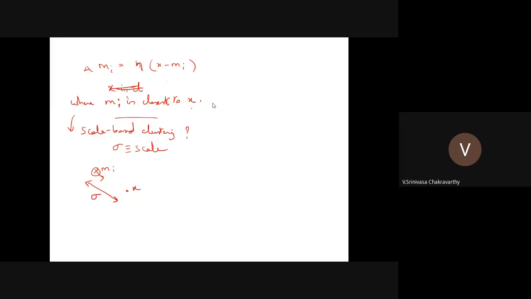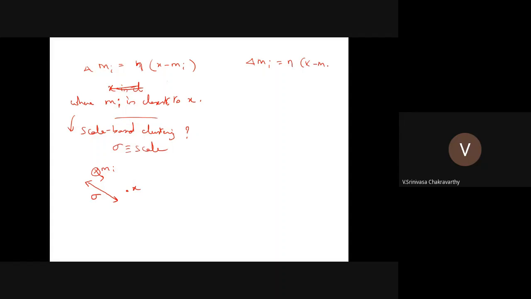If we give a condition that the distance between mi and x is less than sigma, then only a centroid mi which is close in that particular scale will be allocated. Yeah, beautiful. So delta mi is equal to eta into x minus mi.